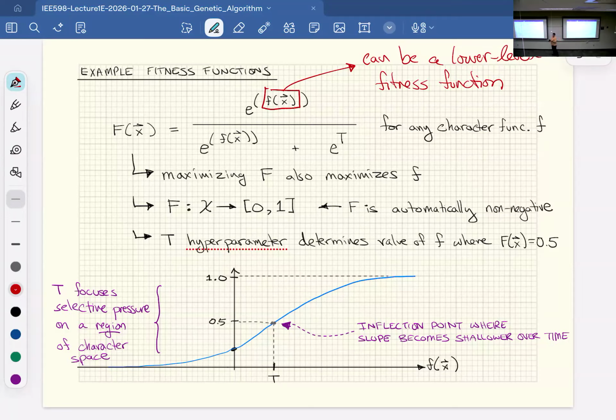This would also have things like the rectified linear unit, ReLU. We haven't got to neural networks yet, but in neural networks there are a bunch of different activation functions like ReLU, rectified linear units, and so on.